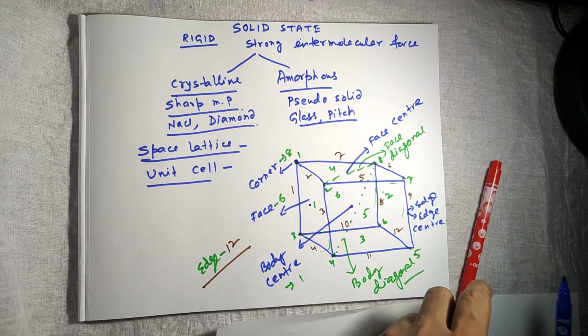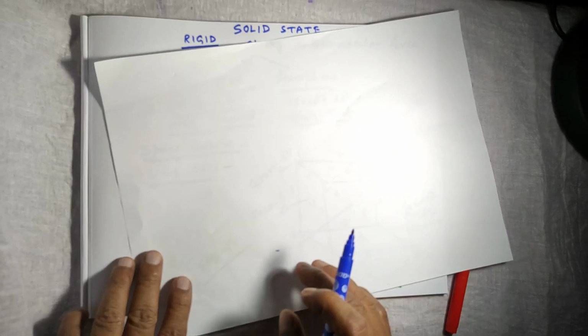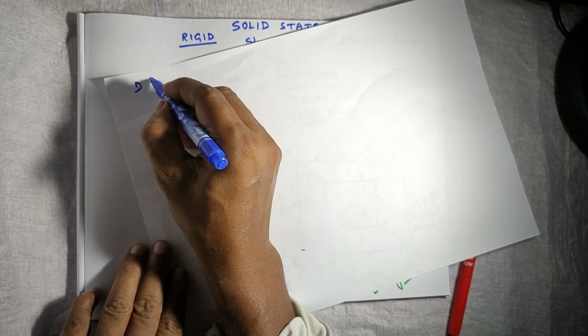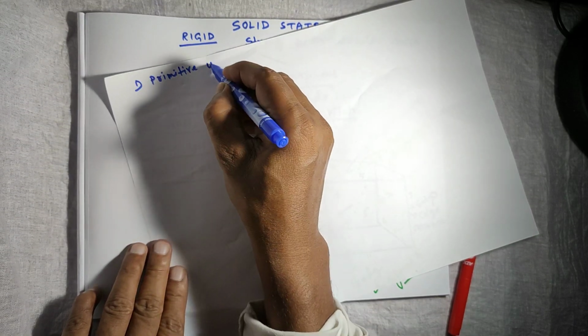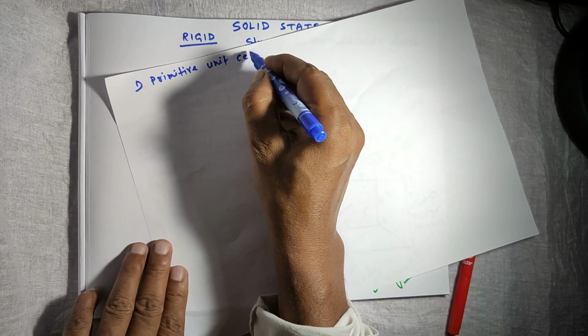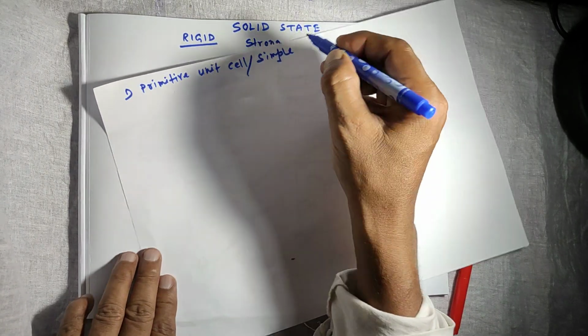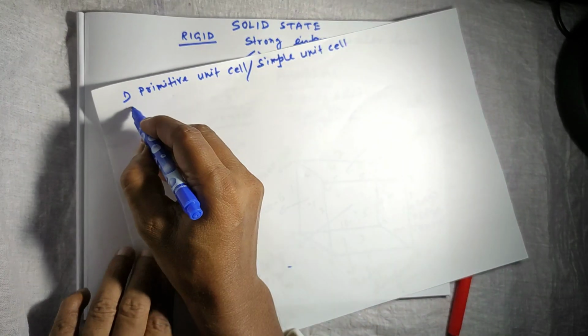Now I am going to explain different types of unit cell. There are basically 4 types of unit cell. Number 1, primitive unit cell, or you can say simple unit cell.